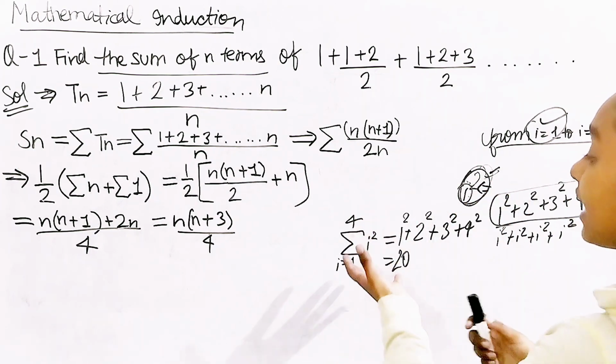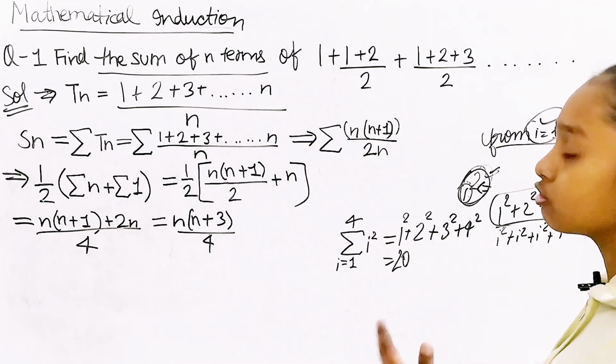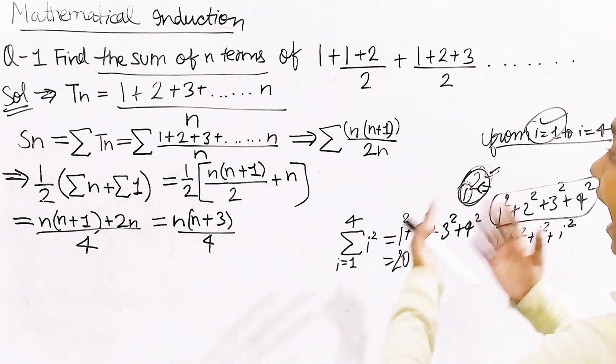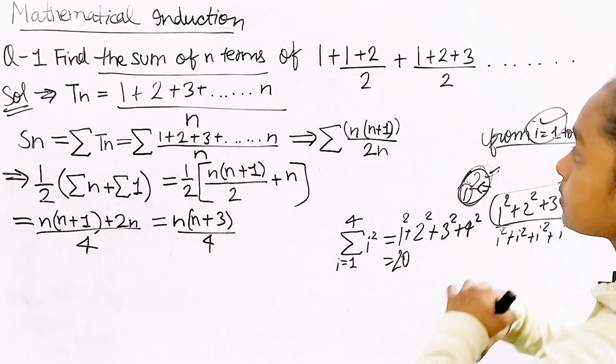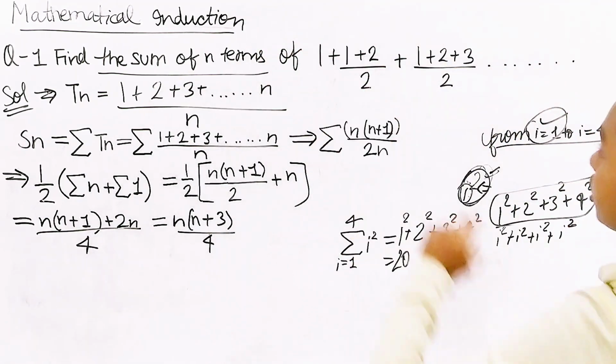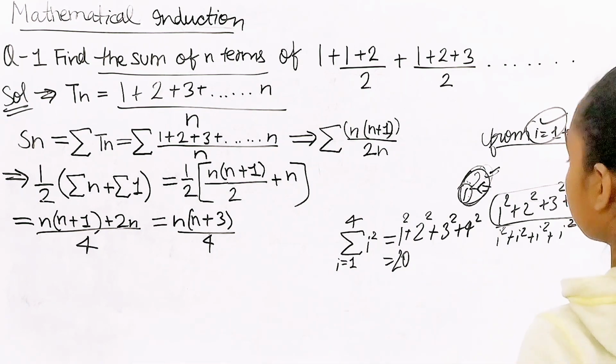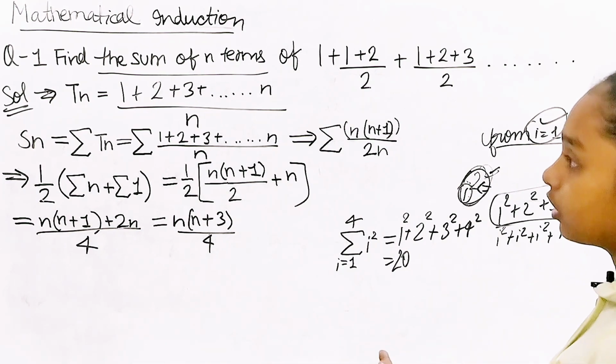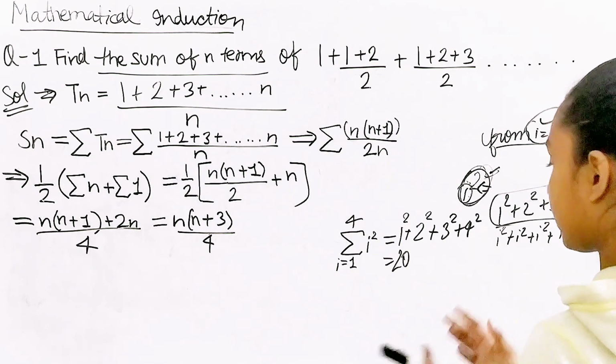Sigma indicates summation, and it's used as shorthand notation for adding terms that follow a pattern. That's what sigma is used for.